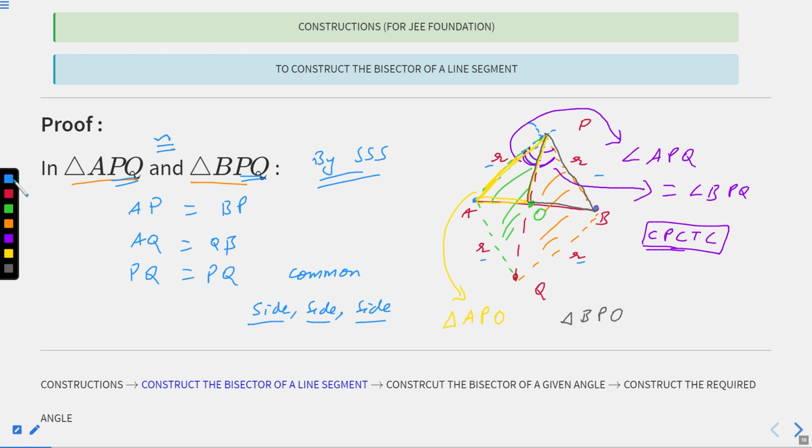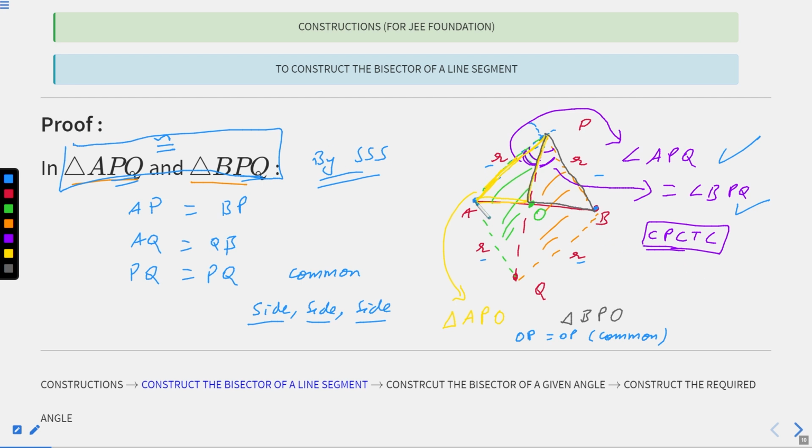In these two triangles, we have OP equal to OP, which is common. And we already know this angle is also equal to each other because of this congruency part.